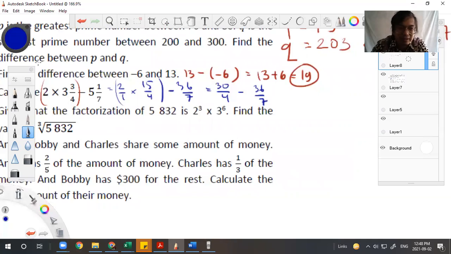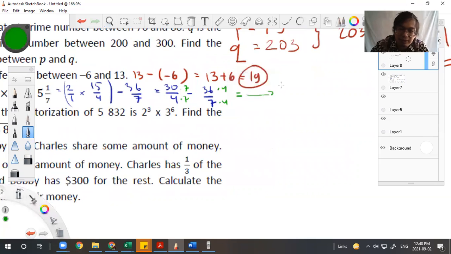How do you do this? Again, make the denominator equal, times 7 times 7, times 4 times 4, right? So I will make it a bit to the right. So 210 over 28 subtract with 36 times 4, 144.